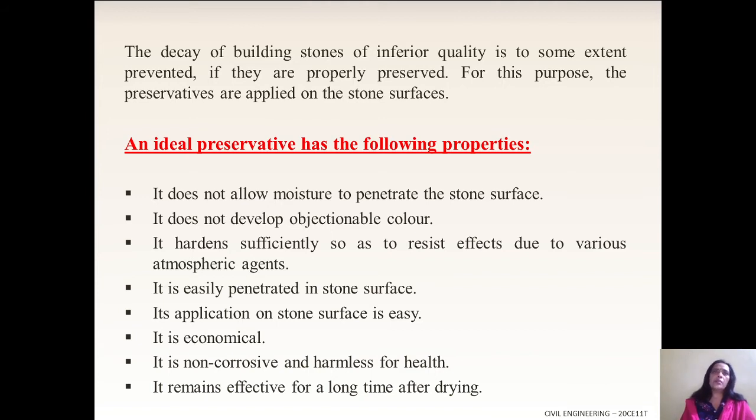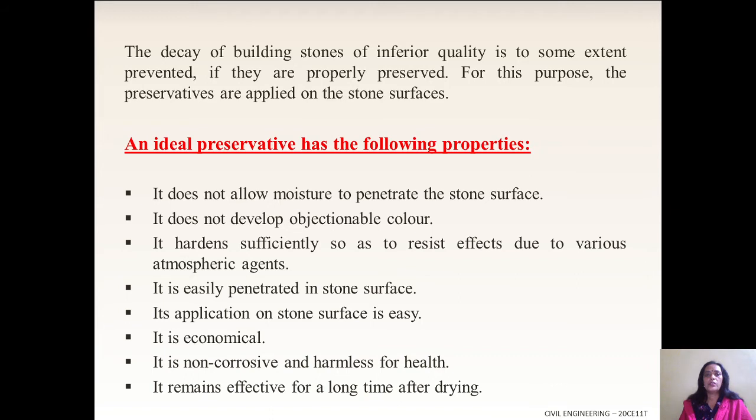We call that preservatives. Preservatives can be of different types or kinds. These preservatives are applied on different surfaces. They should have some ideal characteristics. Let me see what those are.